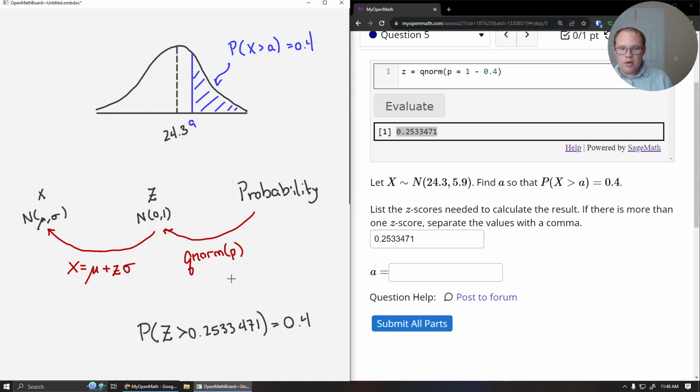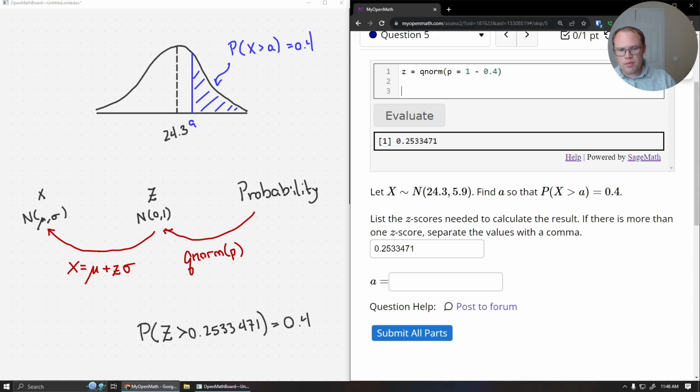Okay, our mu is 24.3. Our sigma is 5.9. That's our mean and our standard deviation. So that means the particular value I'm interested in is my mean, 24.3, plus the z-score I just calculated.